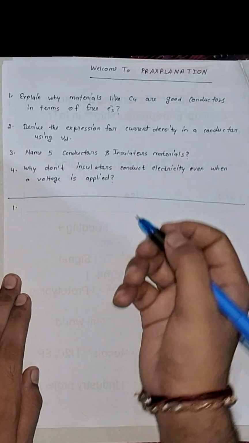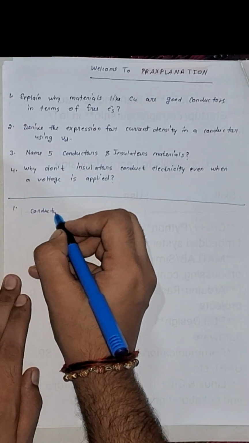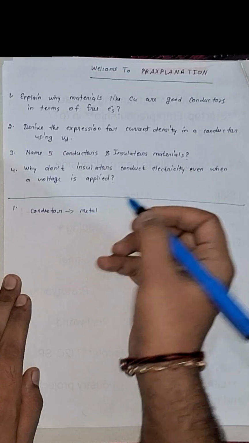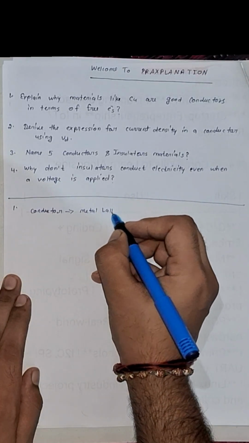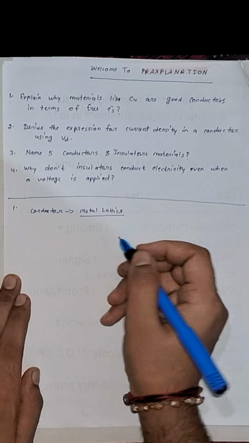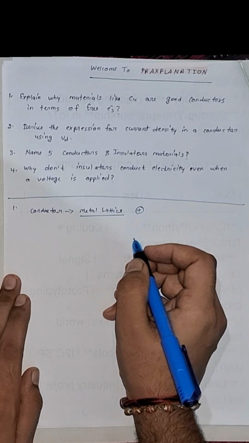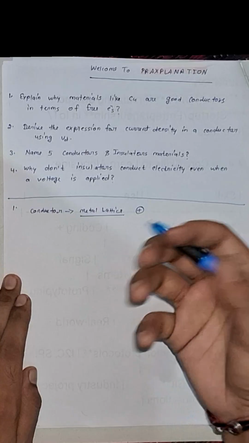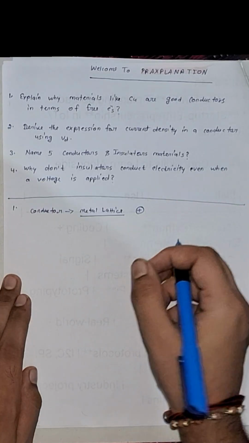So, in a metal lattice, I mean, our conductor is a type of metal. Okay, so we use the word metal lattice. In a metal lattice, the positively charged ions are arranged in a fixed position while the free electrons around them move around.